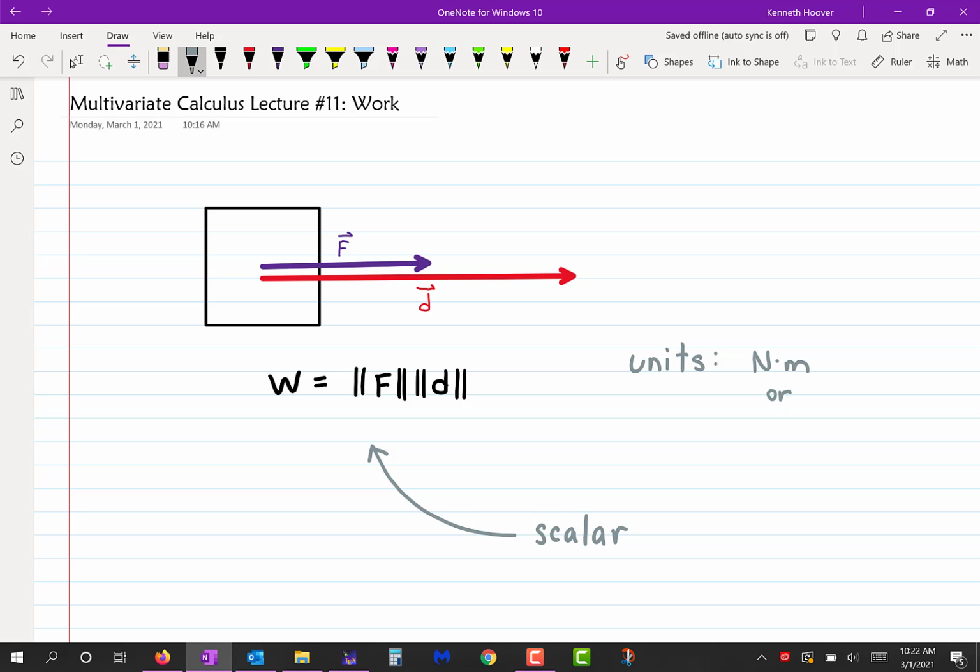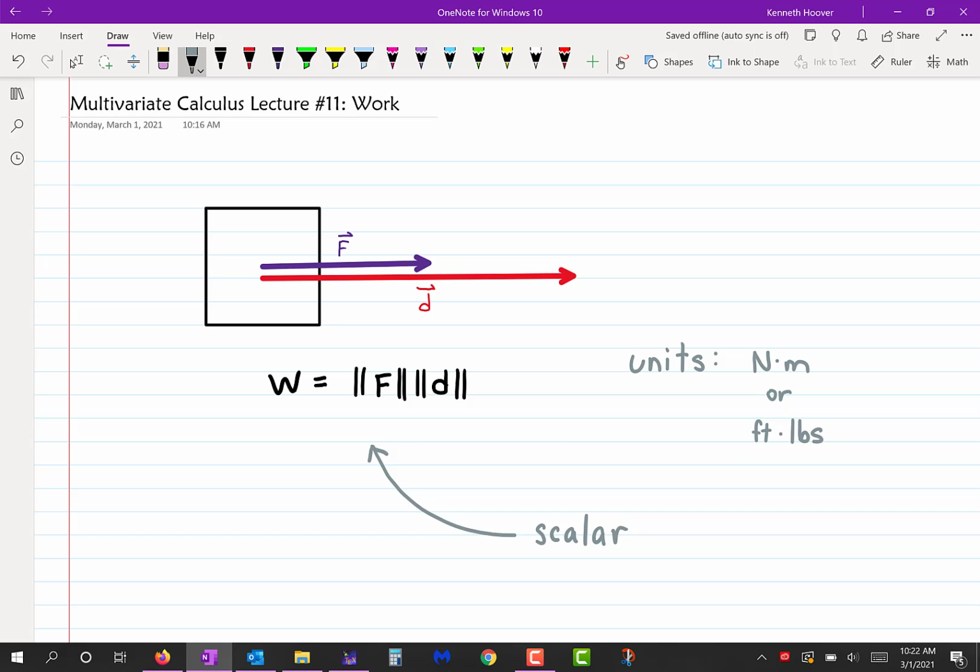So what do you think you would get there? For the units, you would get pounds times feet. Now, the normal convention is to not call those pound feet. We usually call them foot pounds.